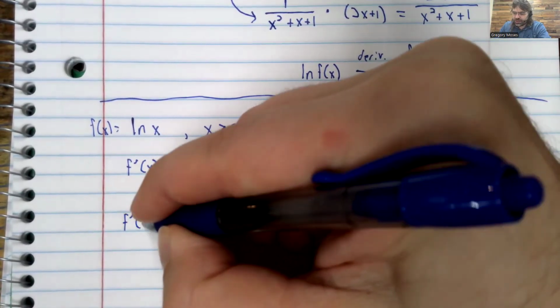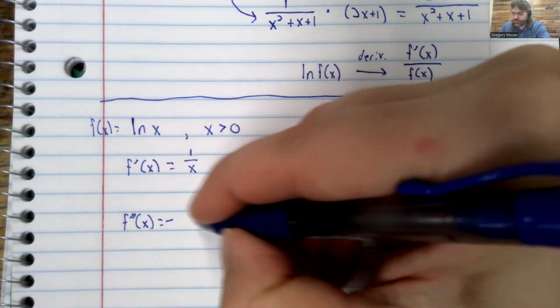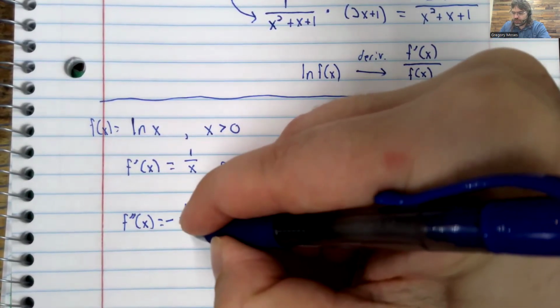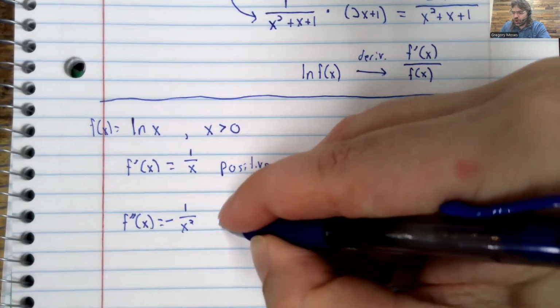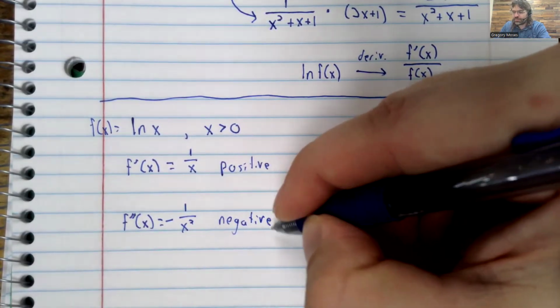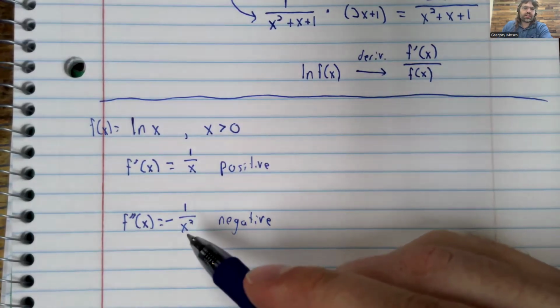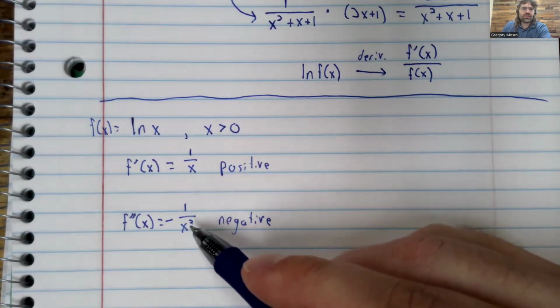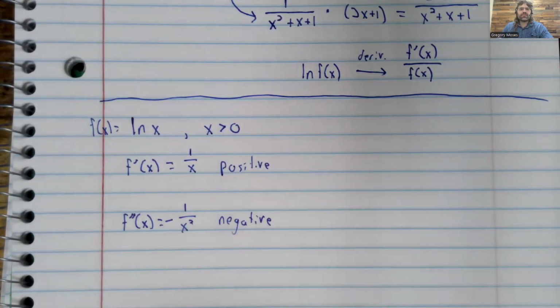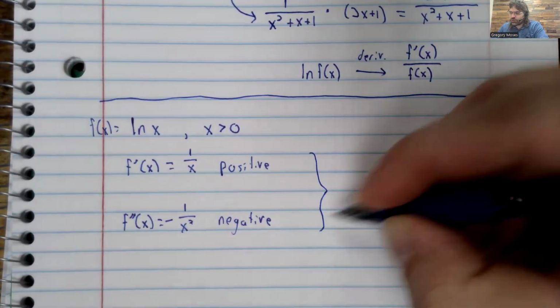The second derivative is always negative. 1 is always positive, x squared is always positive, this fraction is always positive, but we have a negative sign in front of it.